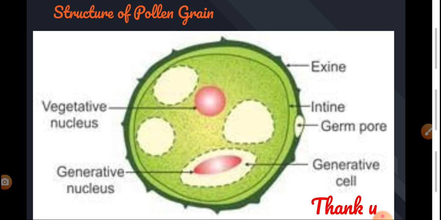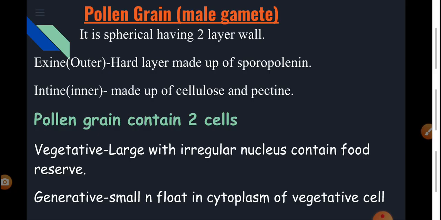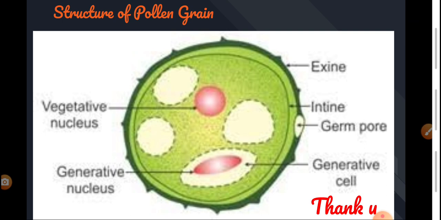The vegetative cell is large in size and the generative cell is quite small. Both have a nucleus, and the vegetative cell has an irregular nucleus and contains the reserve food, and the generative cell generally floats in the cytoplasm of the vegetative cell.